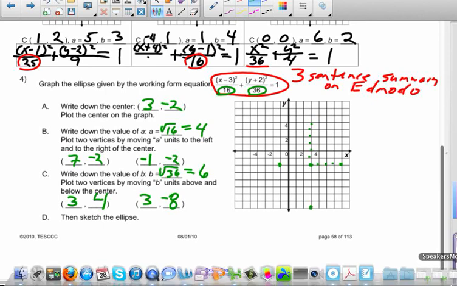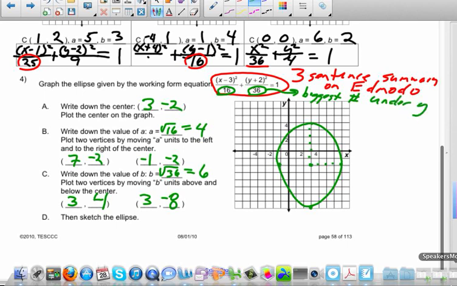So now I've got my 4 vertices, I've got my center, and I can go through and connect these things up and graph it. And again, you should be able to tell this thing is elongated in the y direction because the biggest number is under the y term.